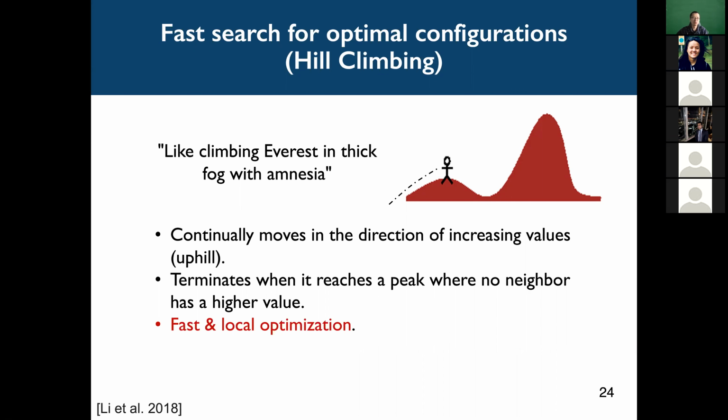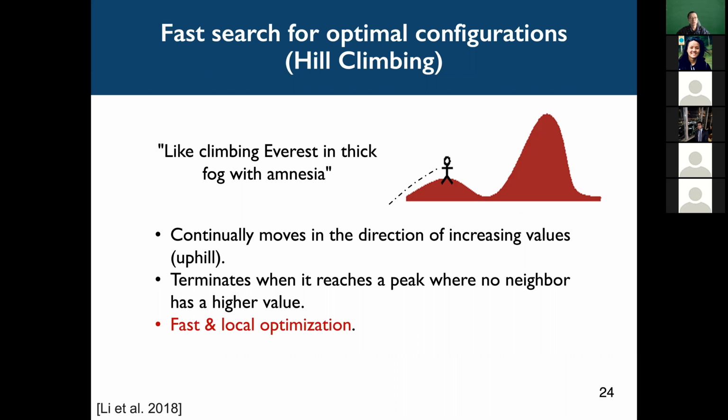It terminates when it reaches a peak where no neighbor has a higher value, right? It may reach a peak that is not the global optimal peak, but a suboptimal peak. So this is a limitation of the search algorithm, but it's very fast.